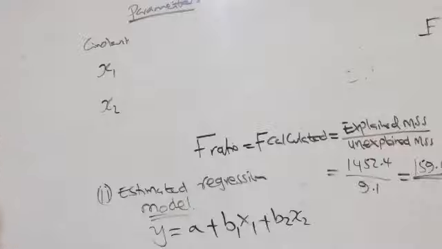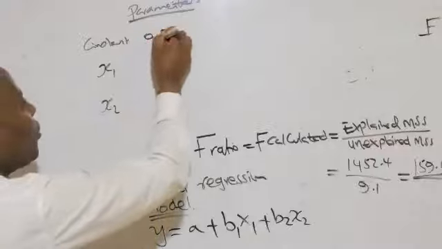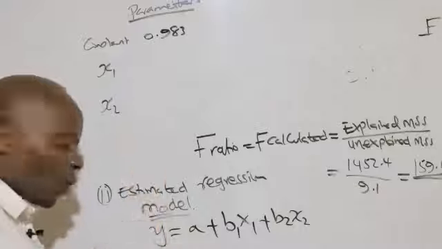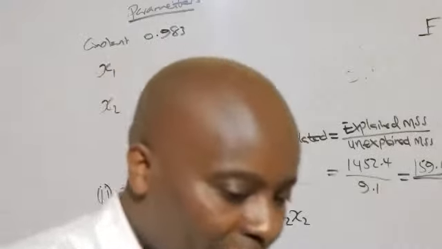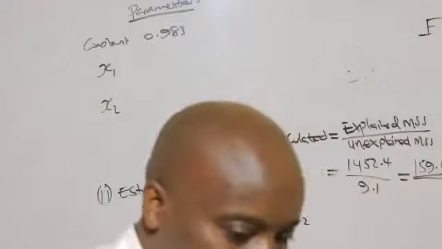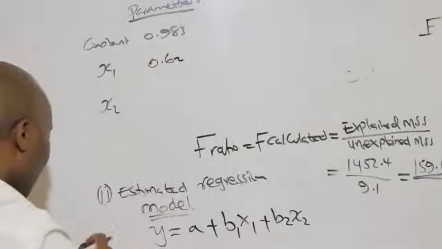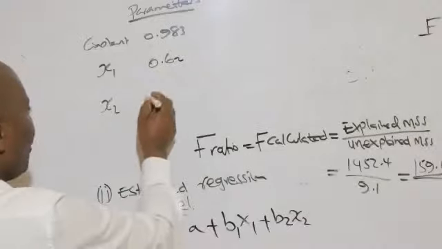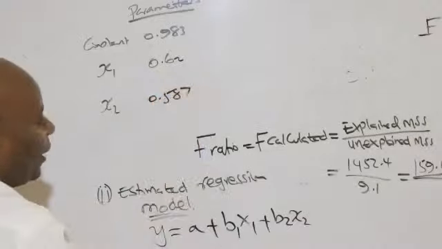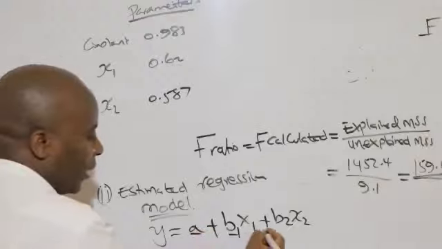The constant parameter is 0.983, the x1 parameter is 0.62, and then the x2 parameter is 0.587. So these are the regression parameters.